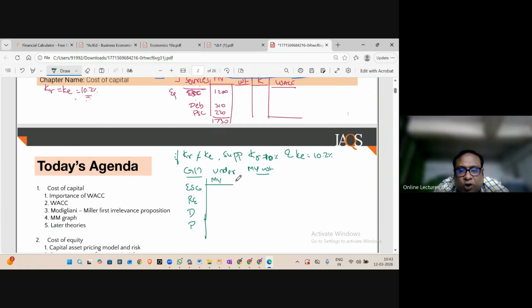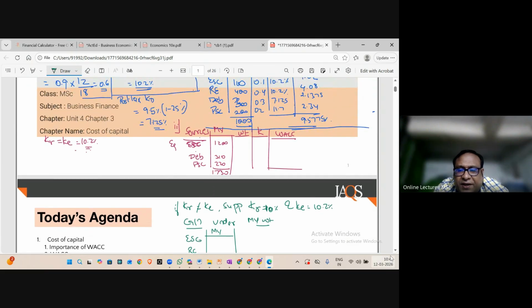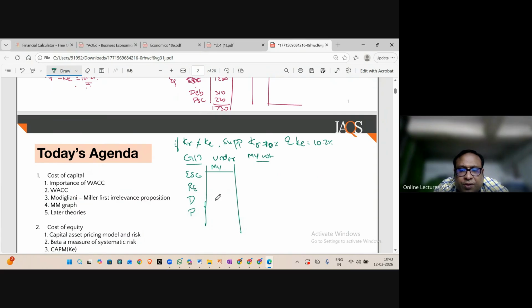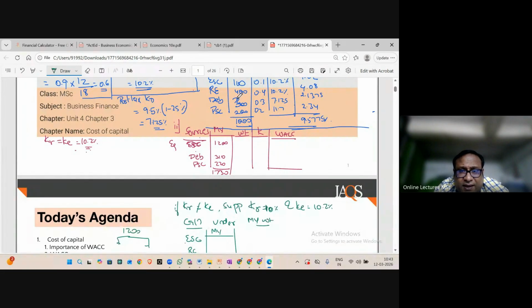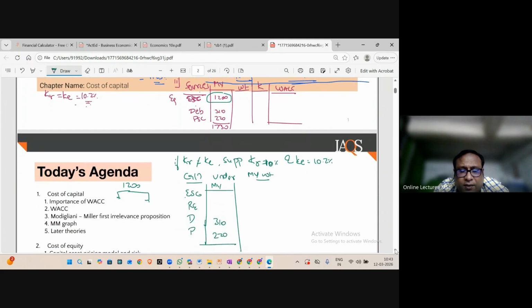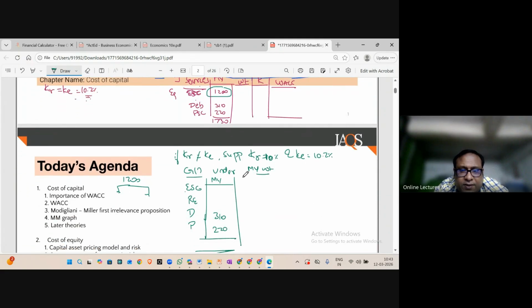The debt and the PSC have a market value of 310 and 220. But the ESC, which has a market value of 1200, needs to be split into ESC and retained earnings in the ratio of their book value. I repeat, the market value needs to be split in this proportion. Because retained earnings don't trade, but their K is different: this is 10.2, this is 10.